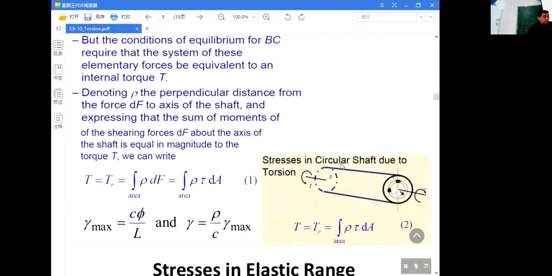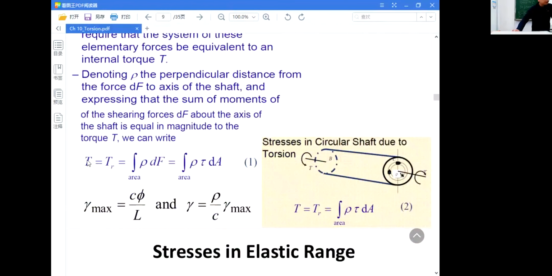Then we know the shaft is balanced. So because the shaft is balanced, the torque is the resultant of the shear stress. For a small area, the force is tau dA.